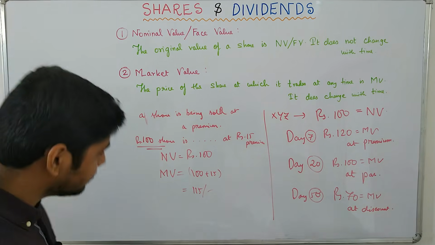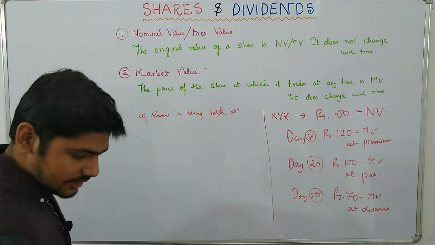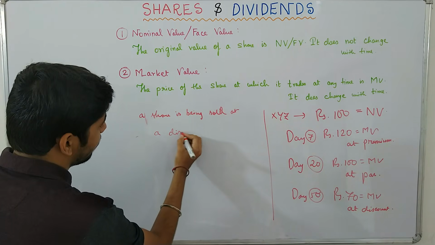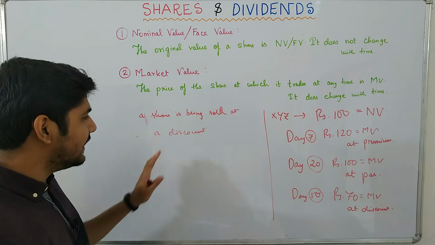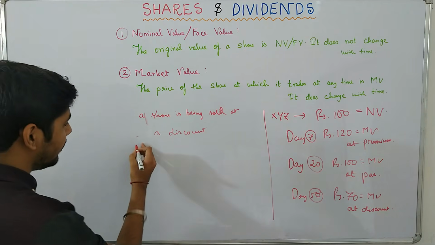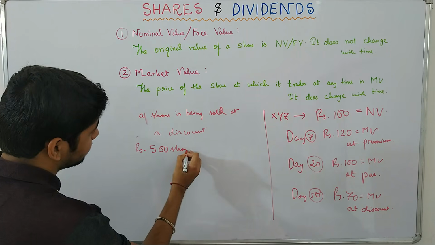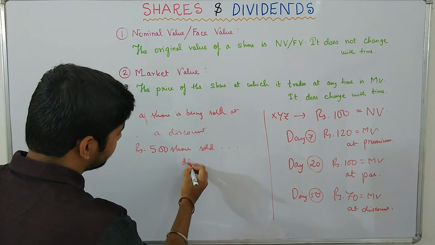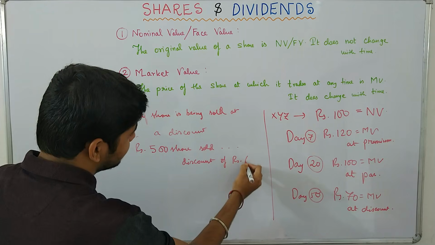Okay, now when it is said that a share is being sold at a discount, what do we do then? We simply deduct the price of the discount from the nominal value of the share. Let's say, for example, rupees 500 shares sold at a discount of rupees 60.